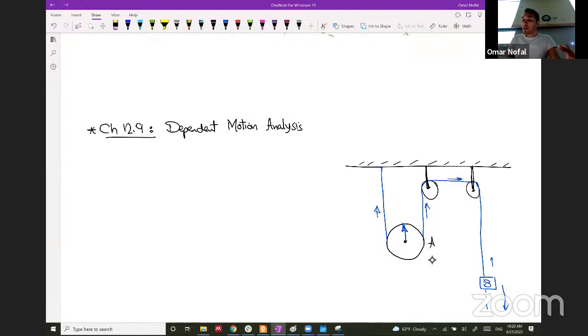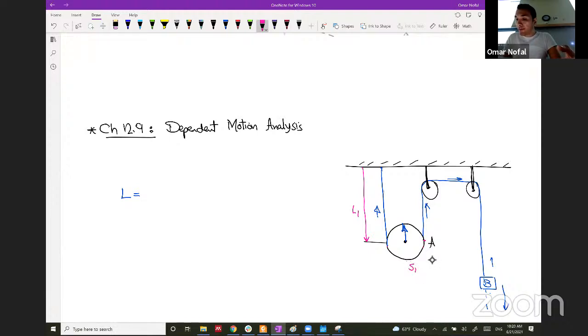So the first thing, which is the hardest part, is that you can say the length of the rope will be equal to this part, and let's say it's L1. And then you know the half circumference of the circle, and let's call it S1.